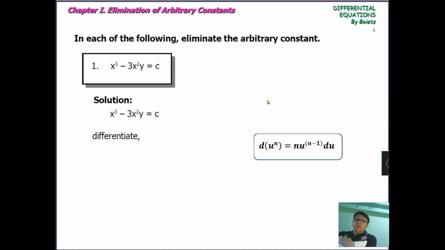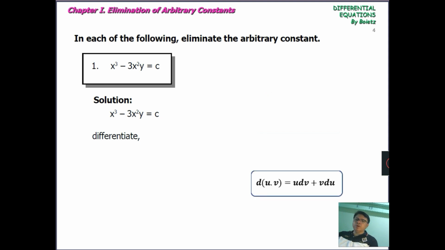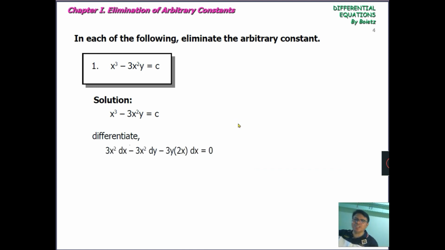Okay. Then, for product, the derivative of a product uv is equal to u, derivative ng second term plus the second term times derivative ng first term, or d(uv) is equal to u dv plus v du. So let's differentiate.